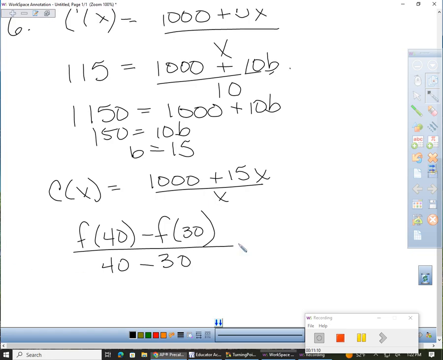So I get 40 minus, now let's plug in 30. So that should be 1,000 plus 450. So 1,450 divided by 30.